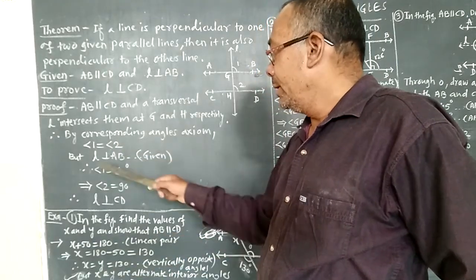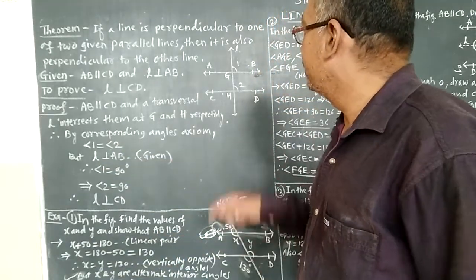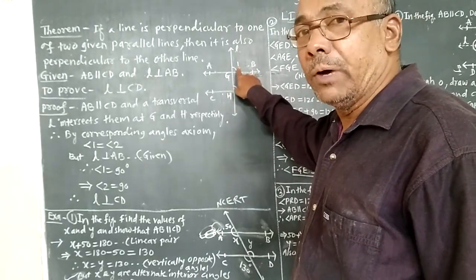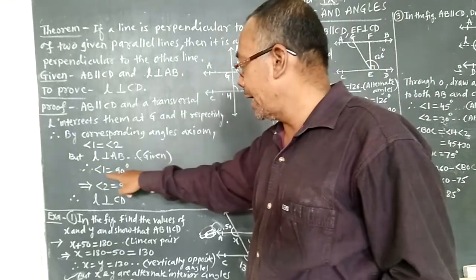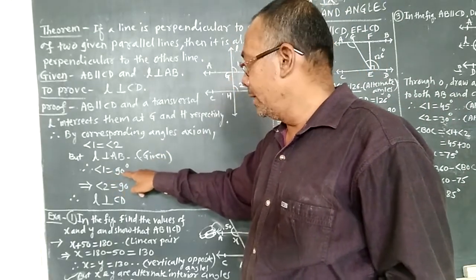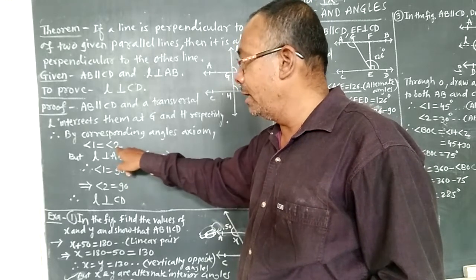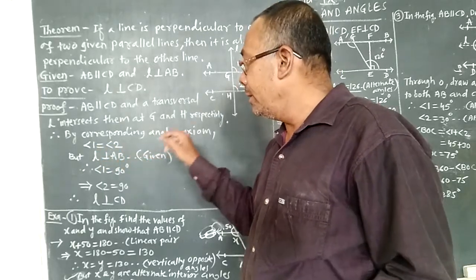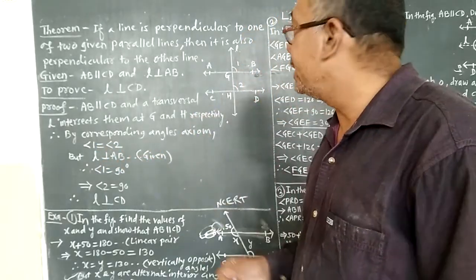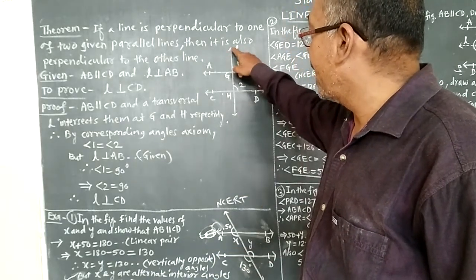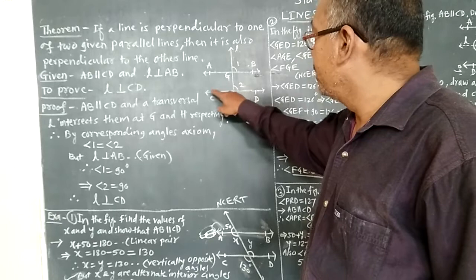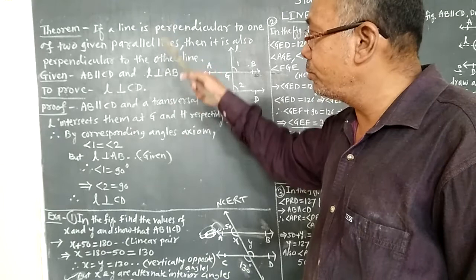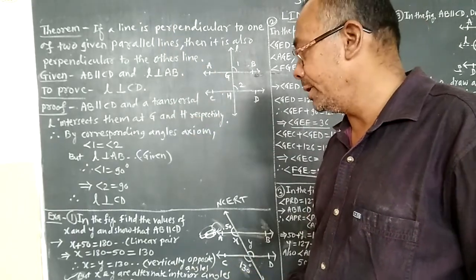But we know that L is perpendicular to AB, then angle 1 must be 90 degrees. If angle 1 is 90 degrees, then angle 2 also must be 90 degrees, because angle 1 and angle 2 are equal. And since angle 2 is 90 degrees, we can say that line L is perpendicular to the second line CD. So this was the very simple theorem we have proved here.